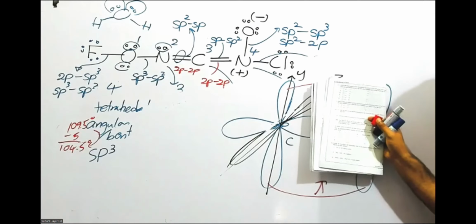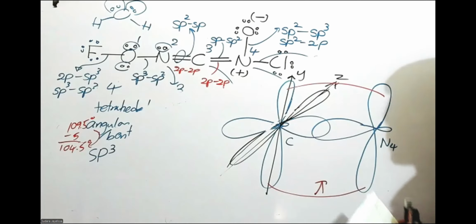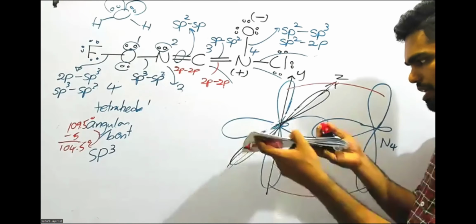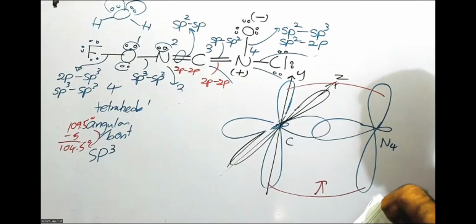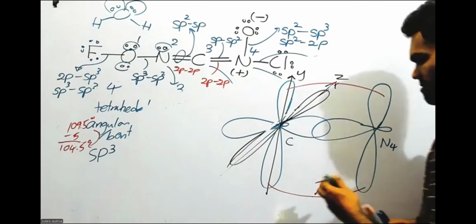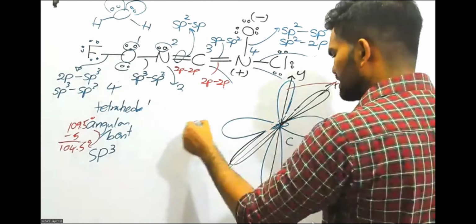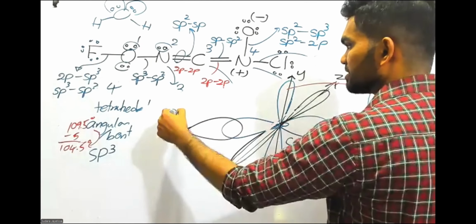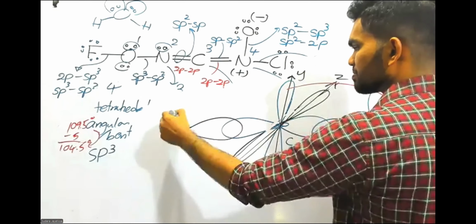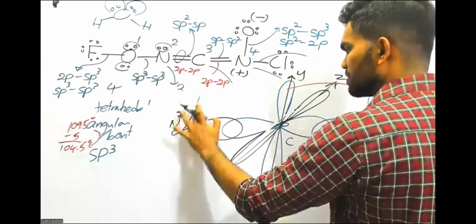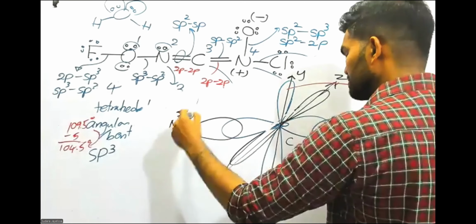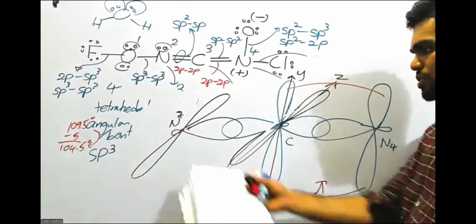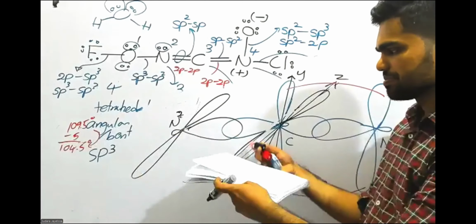Like this. And you have another p orbital of carbon which is perpendicular to the board. That orbital will make a pi bond with the other nitrogen, N2, and its p orbital should also be perpendicular to the board, in the same plane.